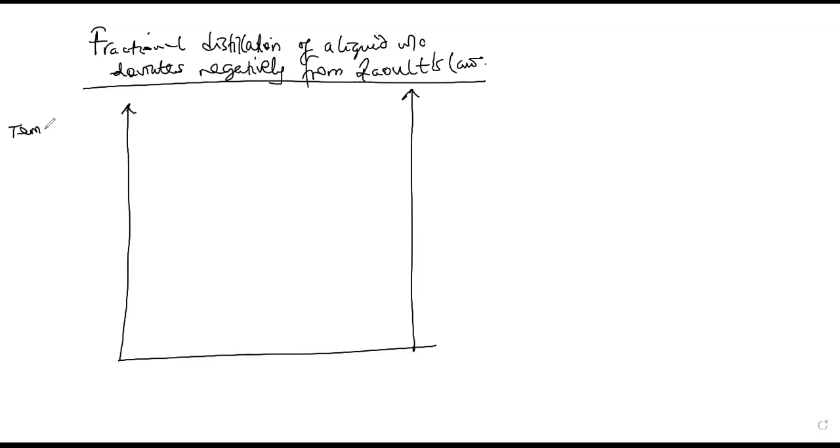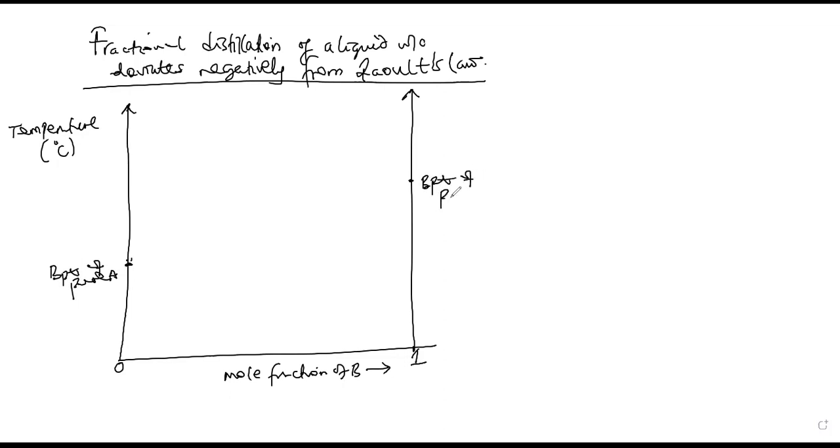Here we shall have temperature in degrees Celsius, and here 0 up to 1, we shall have mole fraction of B. Here we shall have boiling point of pure A. And maybe here we shall have boiling point of pure B. So we shall have like that, like that, and like that.